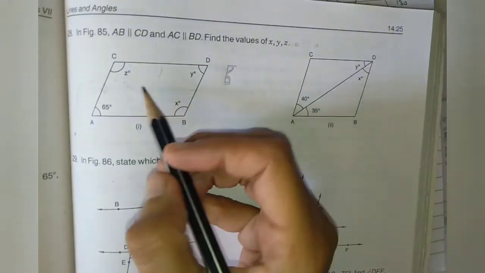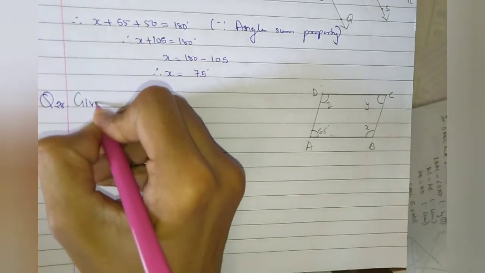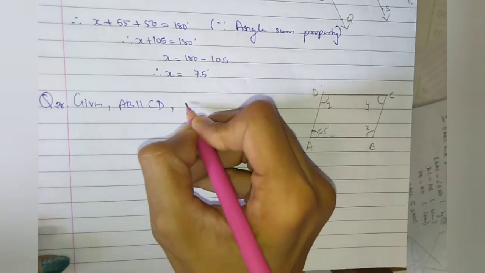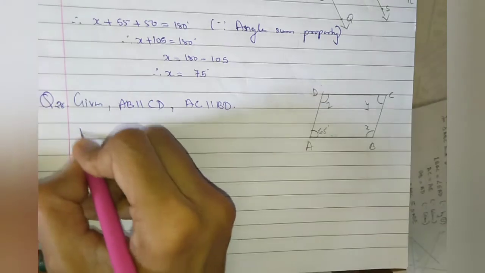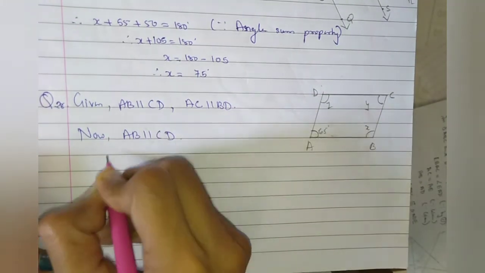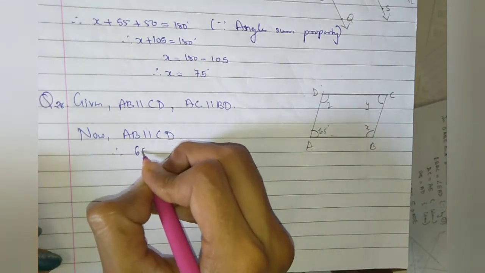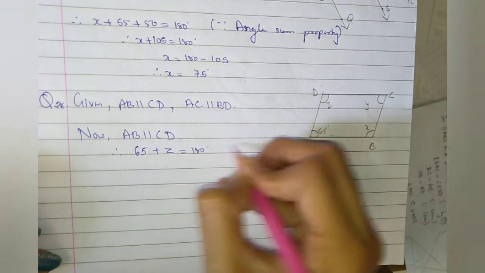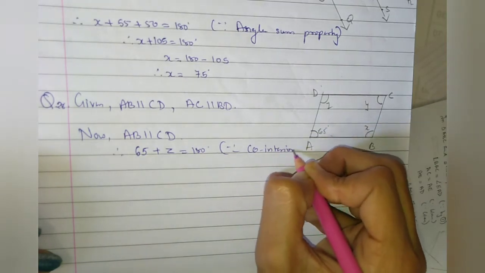So given AB parallel to CD and AC parallel to BD, 65, meaning angle A, plus angle D, Z, equals 180, co-interior angle.